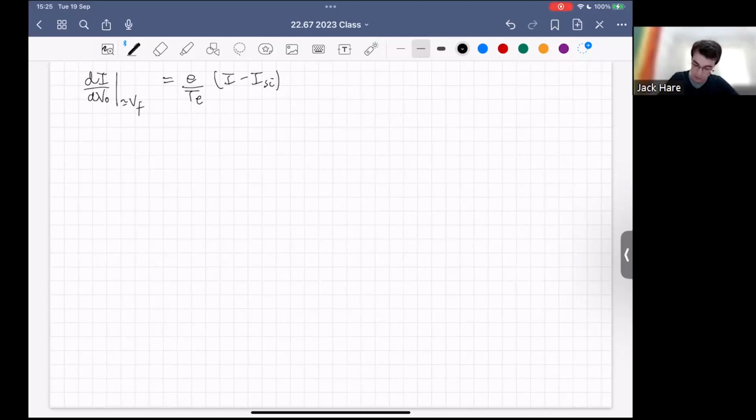Now, when you do this, you also get a little term that looks like how does the ion saturation current change with the probe potential? And this is due to the fact that the area of the sheath is not exactly equal to the area of the probe. But for our purposes, we're going to assume that that is negligible. So we're just going to set that extra term equal to 0 here.